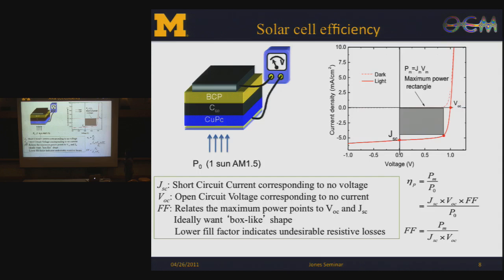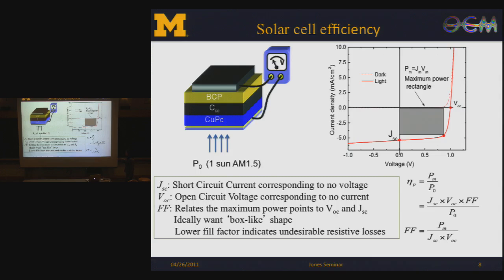Actually, the fourth quadrant of this figure is where the power is generated. At 0 voltage, we get a photocurrent, but at this point it doesn't generate power. As we know, power is the product of photocurrent and voltage. At this point, voltage is 0, so the power is 0.